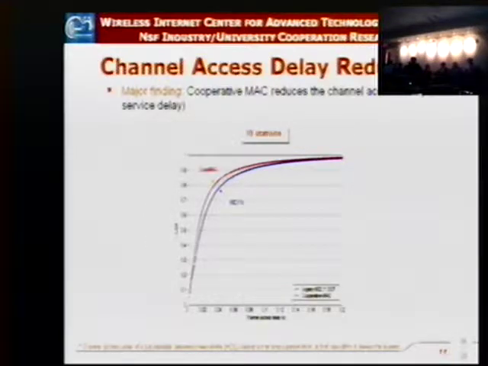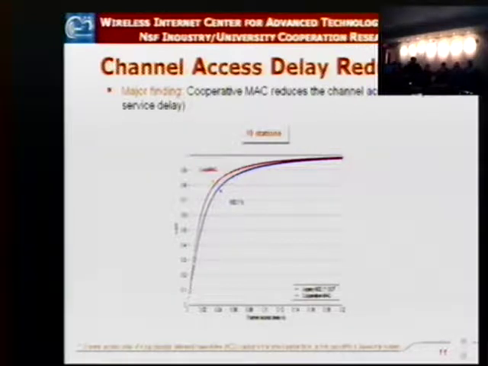So one more figure with the simulations. Here we see the probability distribution of the channel access delay, which is the time from the moment the packet is on the head of the line until the moment the packet is served, is transmitted.